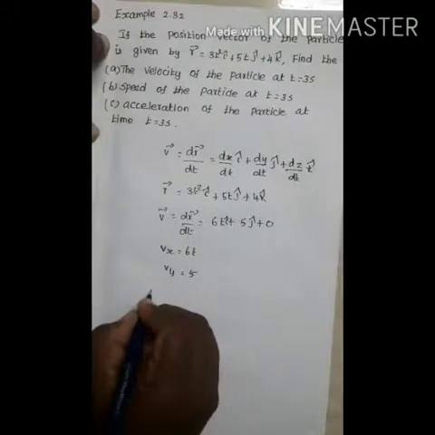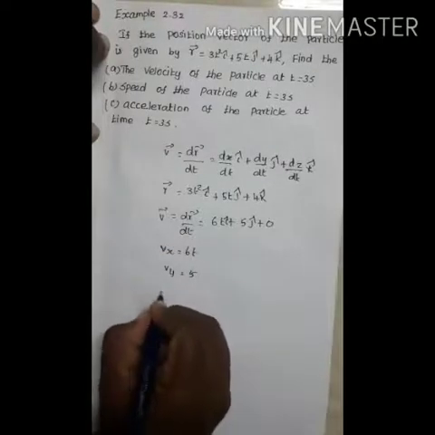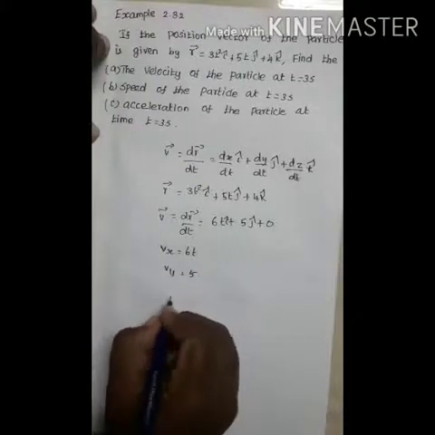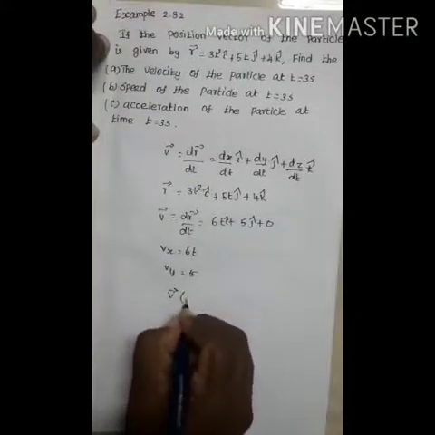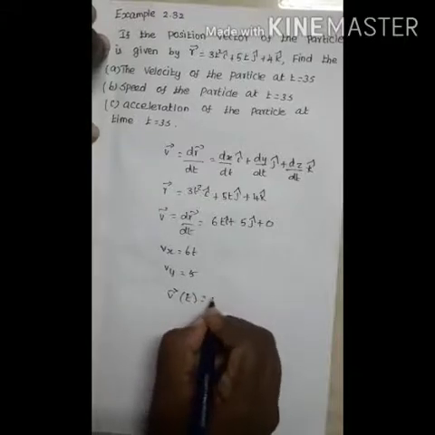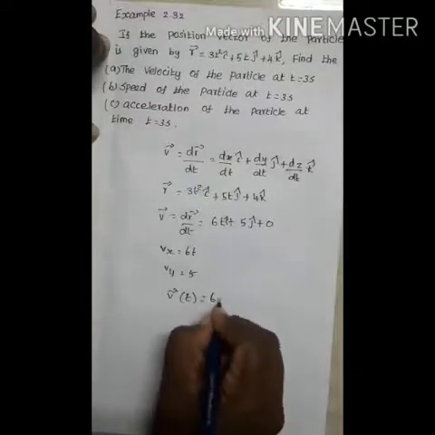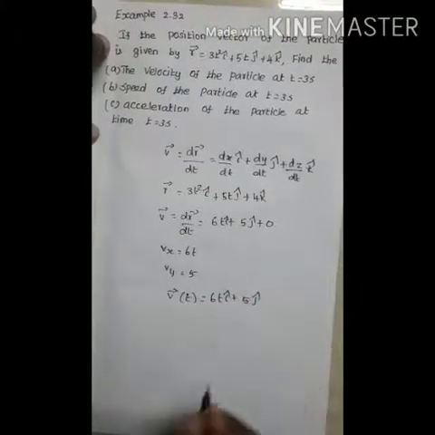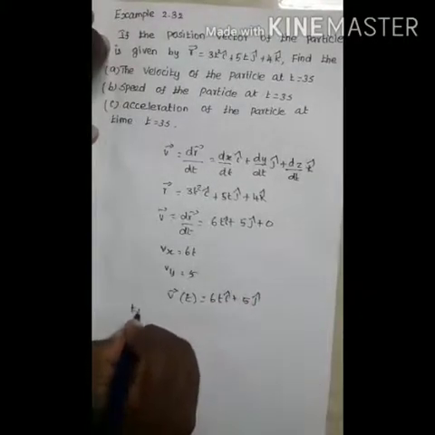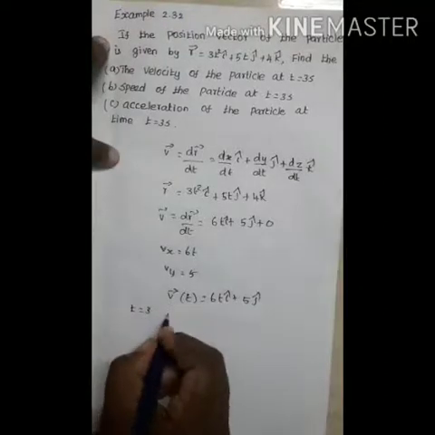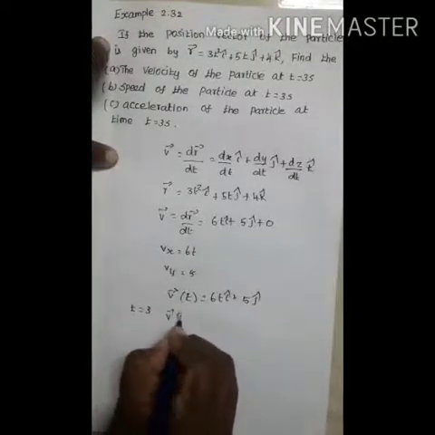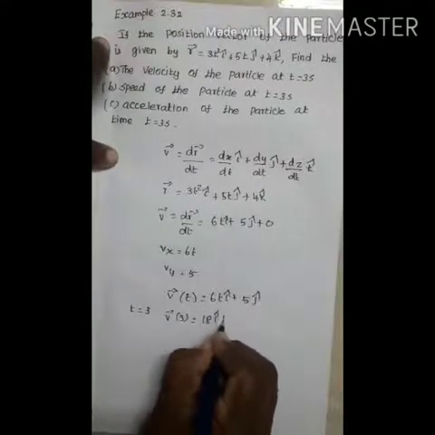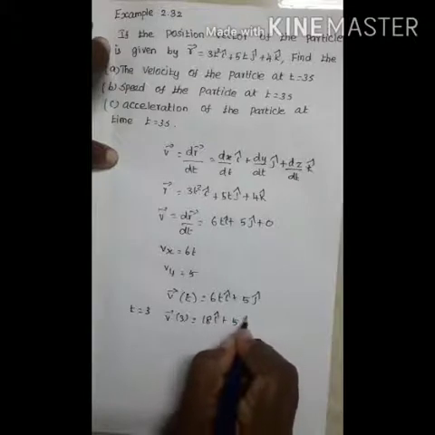Therefore, the velocity vector is 6t i cap plus 5 j cap. At t is equal to 3 seconds, the velocity vector of 3 is equal to 18 i cap plus 5 j cap.